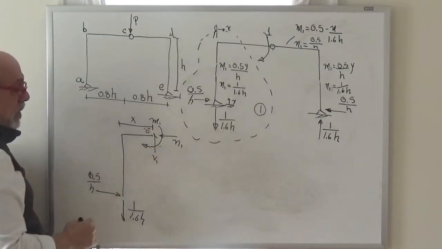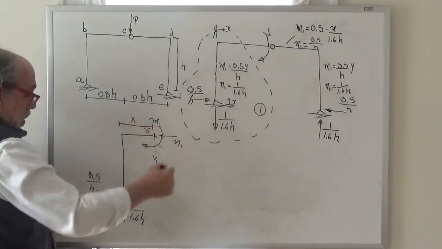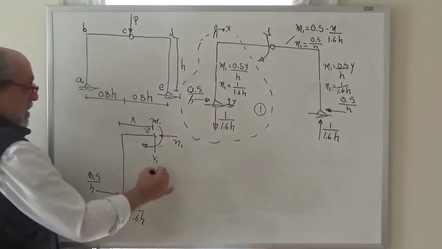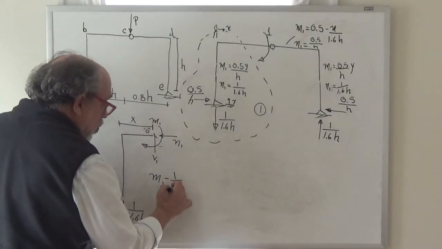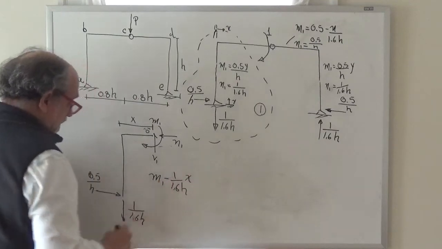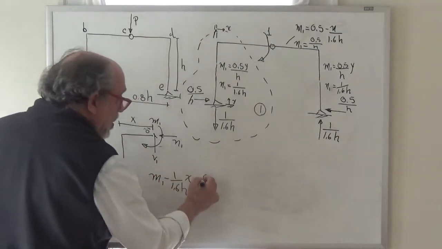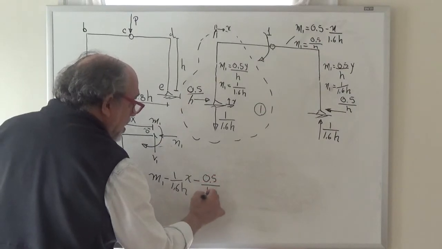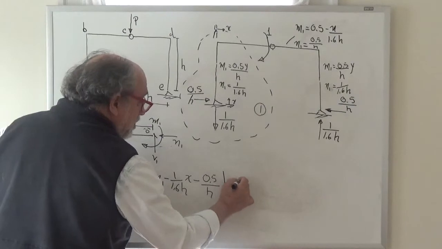And if we sum moments about O, we will find that M1, which is clockwise, minus 1 over 1.6h multiplied times x, minus 0.5 over h multiplied times h must be 0.